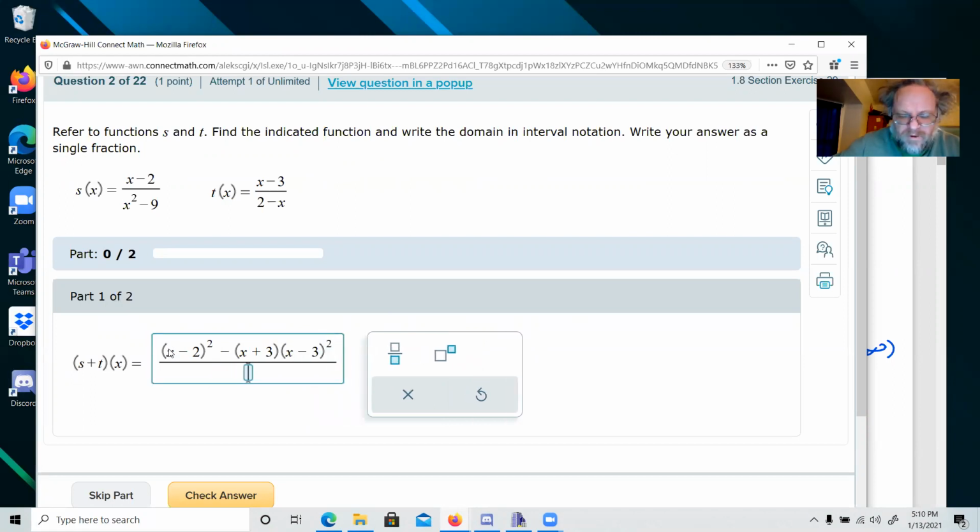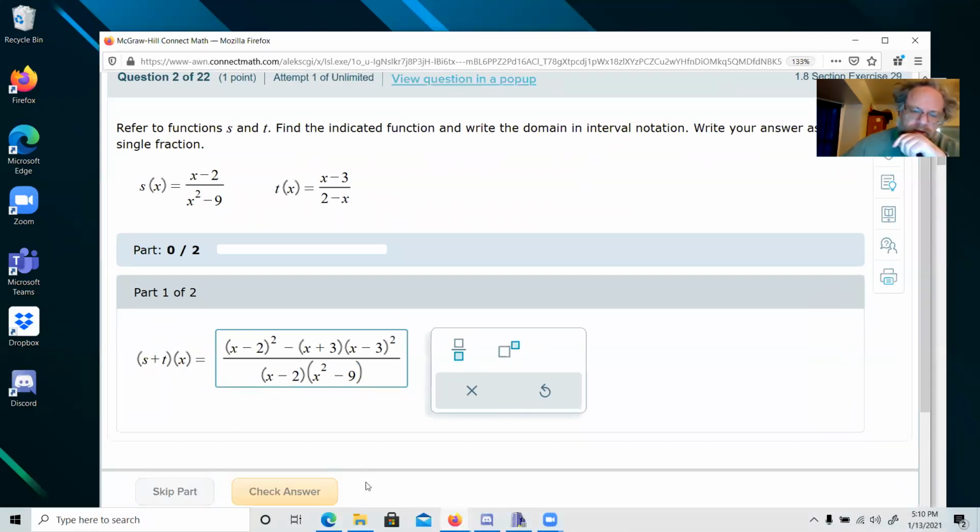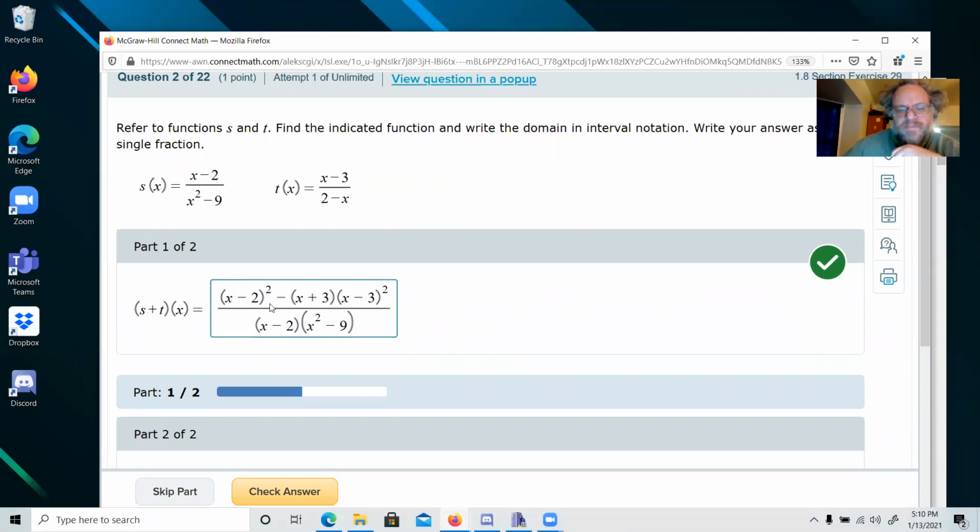And then on the bottom, what do we have? We have x minus 2, parentheses, x squared minus 9. All right, so that should be close to what we have over here. Looks like we're good. They said, yep, that's as ugly as it is, and it looks fine.